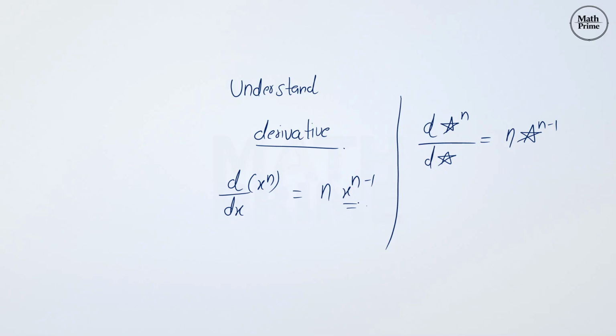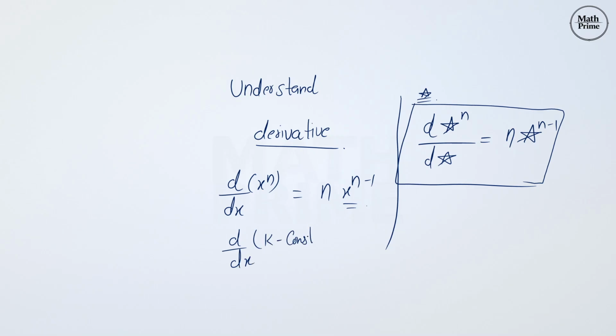If you forget x or anything, you can remember it this way. And the derivative of a number k, which is a constant, is equal to 0. I hope you understand it.